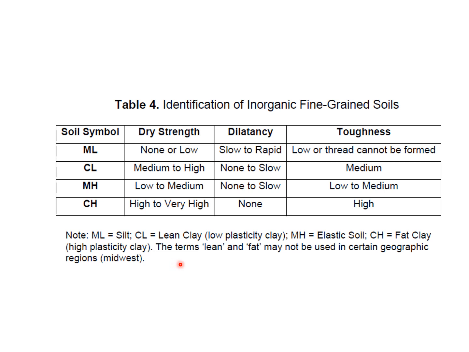The terms lean and fat may not be used in certain geographic regions. This table is very useful, and based upon dry strength, dilatancy test results and toughness, we can identify the soil as ML, CL, MH and CH.